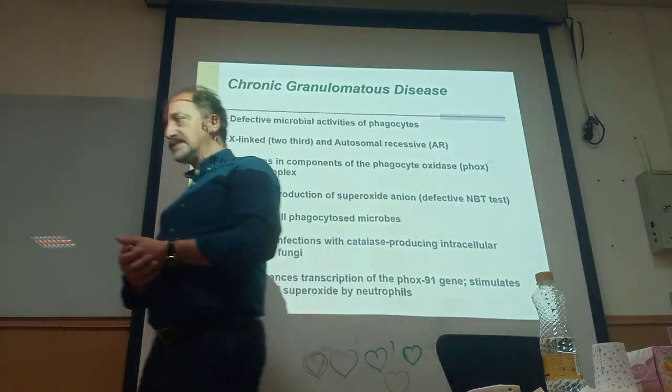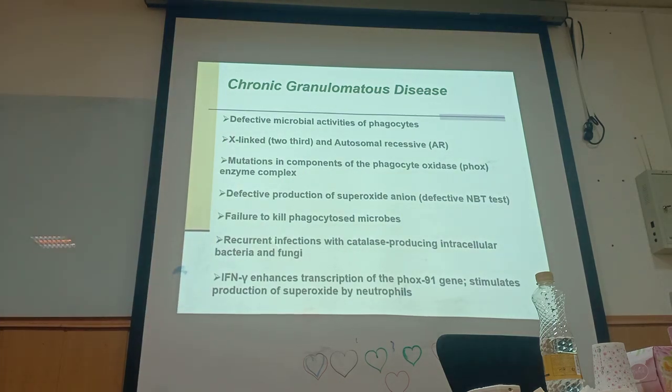So phagocyte defect. There are a few diseases. The first one is chronic granulomatous disease, CGD. What does it mean? Please imagine that a pathogen comes here, this is our body, and I'm planning to get the pathogen and digest it. And I cannot digest it. So there is a functional defect in the phagocyte.